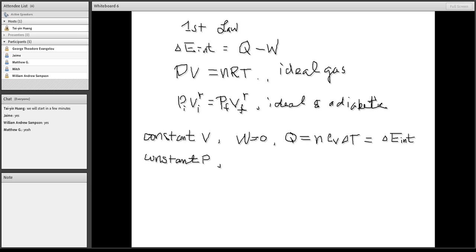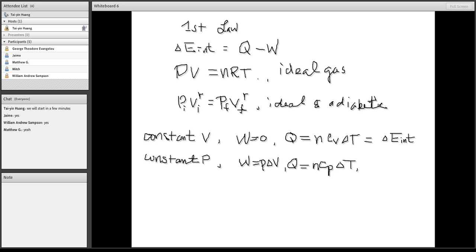Then the work is equal to pressure times delta V, the change in volume, and your Q, when you are dealing with a constant pressure, is nCP times delta T.